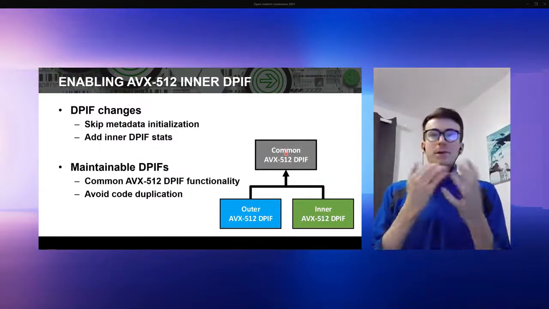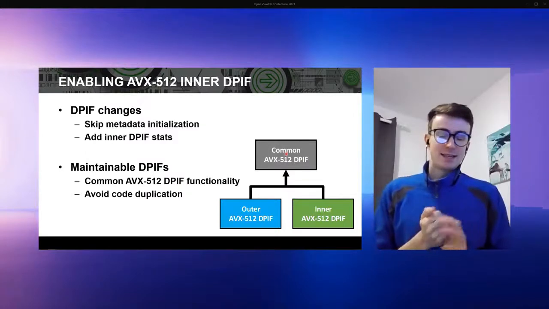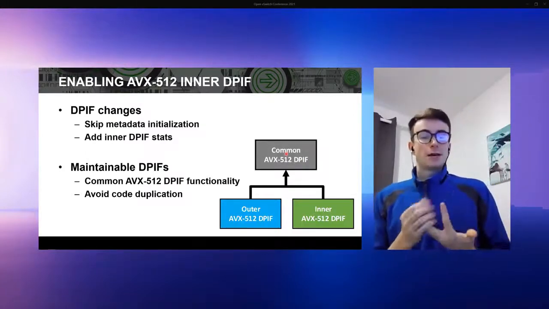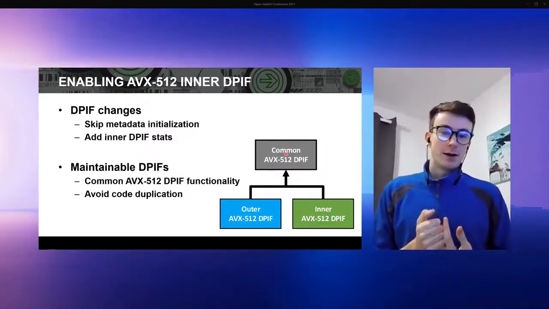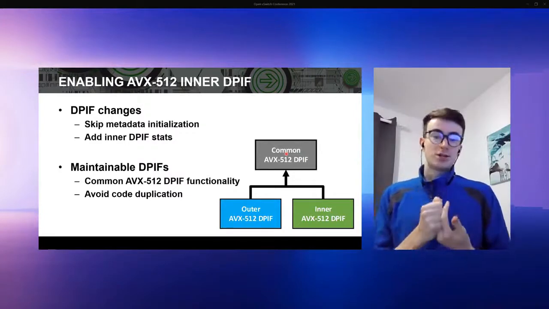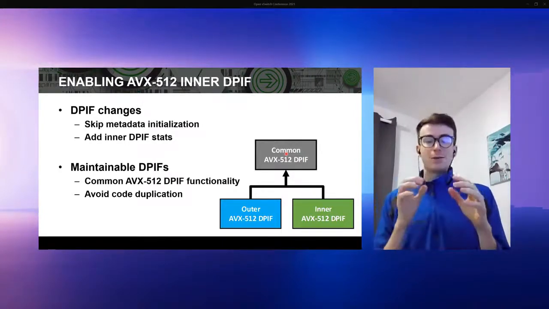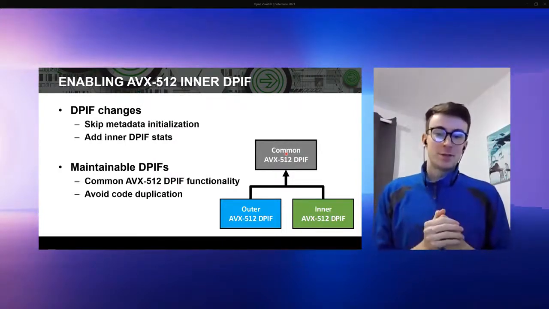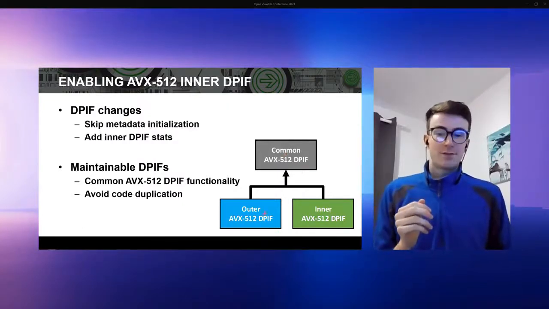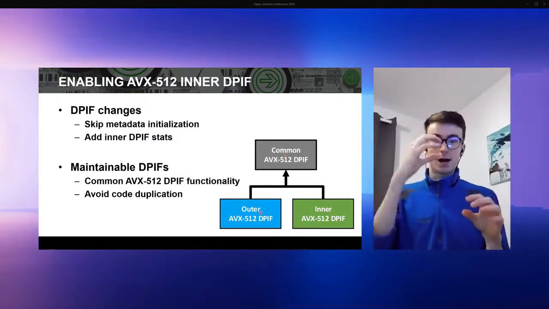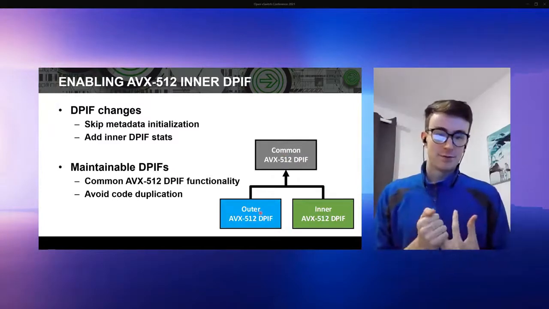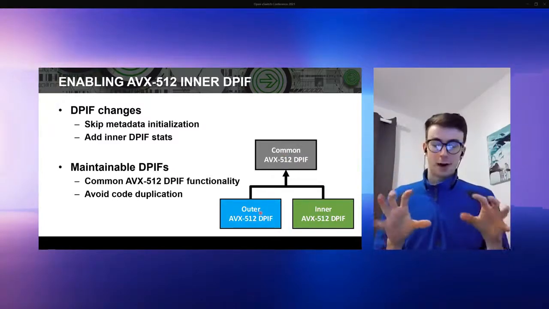But you might be thinking, well, it's unfortunate that we've added these extra branches, but we can rely on the compiler and something called function specialization to compile out these extra branches. So you can see in the diagram, we have two wrapper functions around this common AVX512 DPIF, the outer and inner wrapper functions.